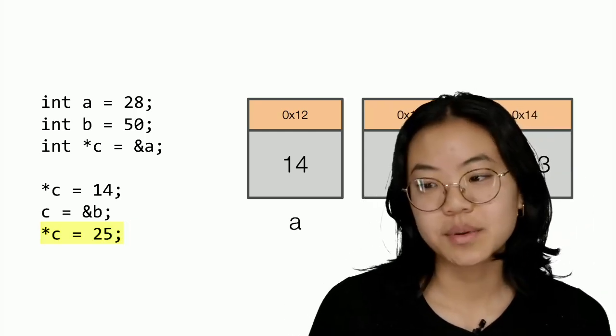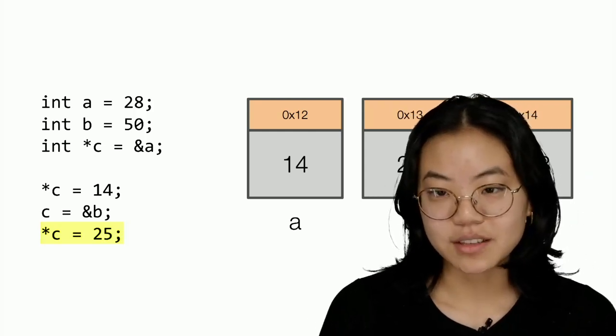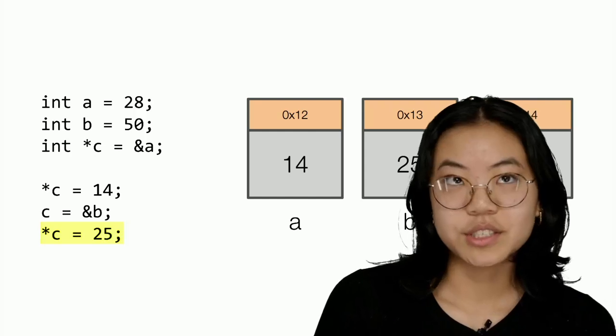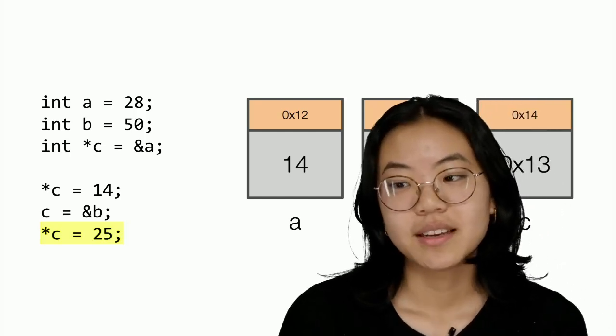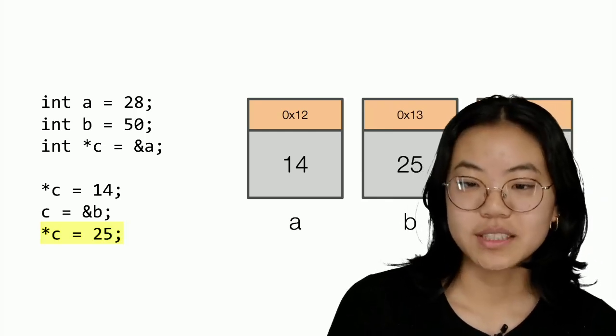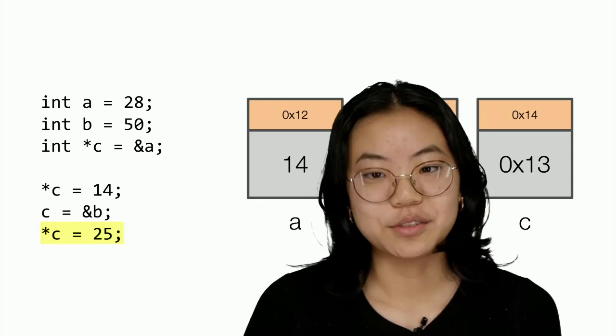Like, it's out of scope. And so when we used pointers and referenced those, then the pointers were able to change the values in the main function, even though what happens in the function was not necessarily remembered after the function was done running.